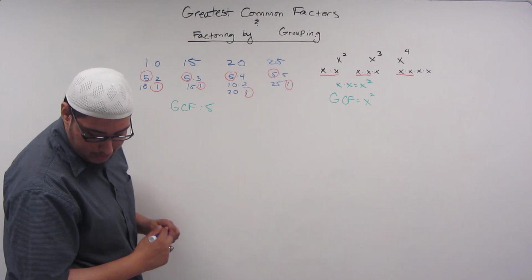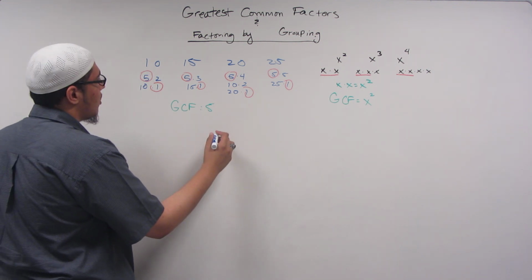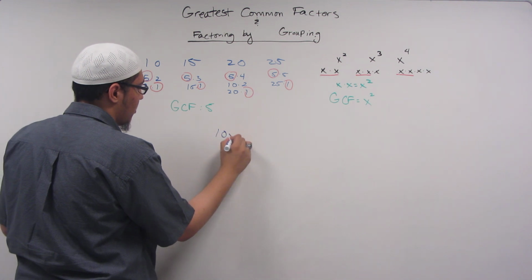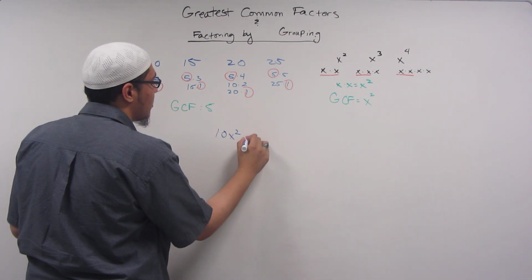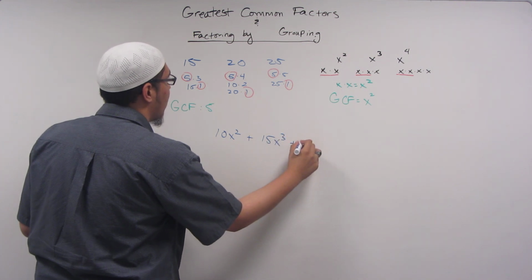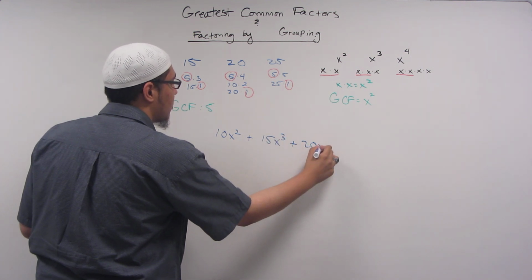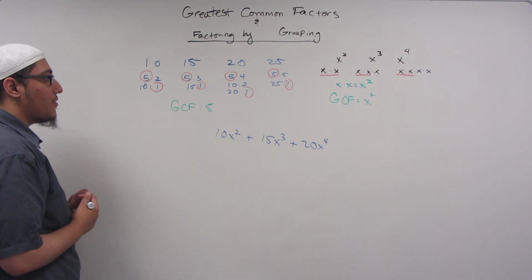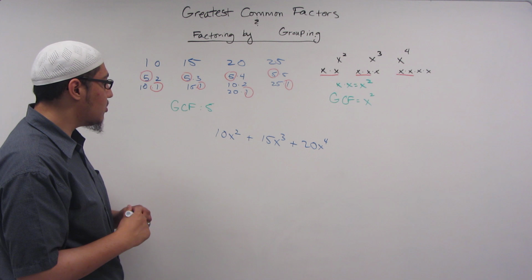So if we have, let's see, 10x squared plus 15x cubed plus 20x to the 4th, and you are asked to pull out a greatest common factor from this, how would you go about doing that?